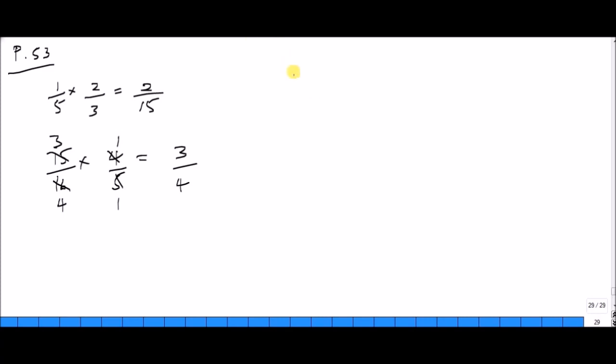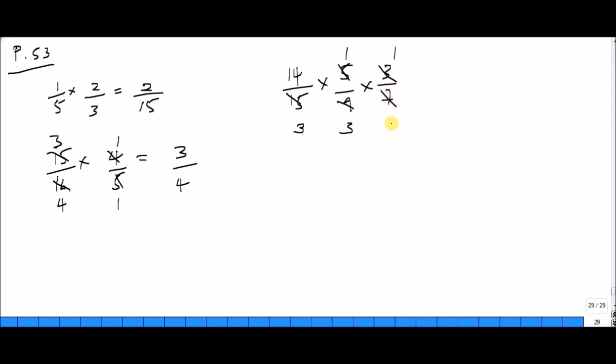14 over 15 multiplied by 5/9 multiplied by 3/7. So now they say 3 into 3 goes 1 time, and 3 into 9 goes 3 times, 5 into 5 1 time, then 5 into 15 goes 3 times.